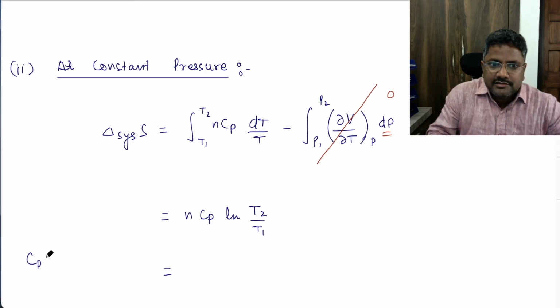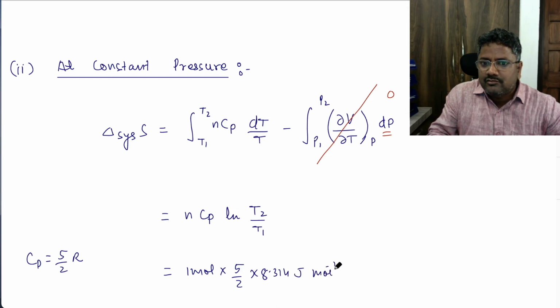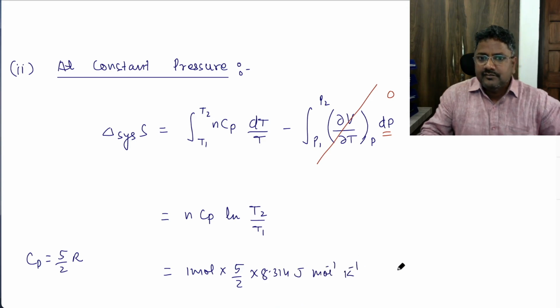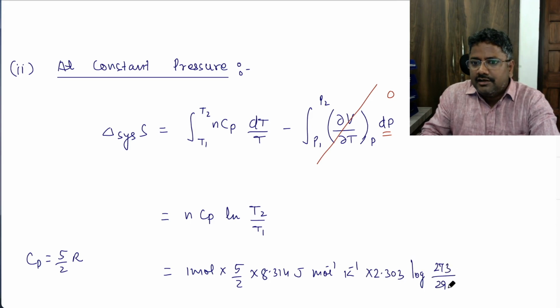Cp is equal to 5 by 2 R for monoatomic. So 1 mole into 5 by 2 into 8.314 joules per mole per degree Kelvin, into 2.303 log T2 by T1, which is 273 by 298.